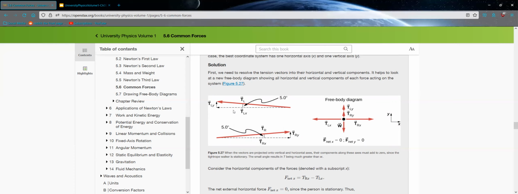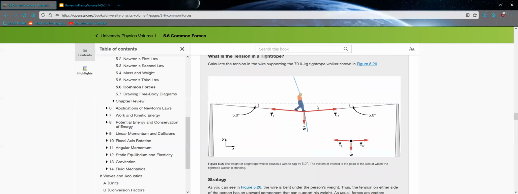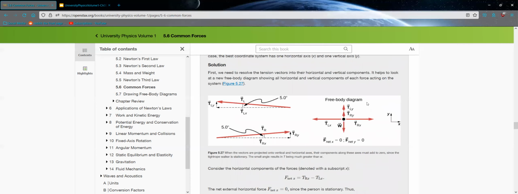The tension LX and tension LY is the left side of the tightrope walker's X and Y components of that 5-degree bend. And something that's not explicitly stated but should be understood by looking at the question and the picture: the tightrope walker is not moving. So again, unless you are told an acceleration or you are shown in some way an acceleration, your net forces in all directions are 0. Everything that's happening in the tightrope walker needs to zero out, which is why this free body diagram here is so interesting.